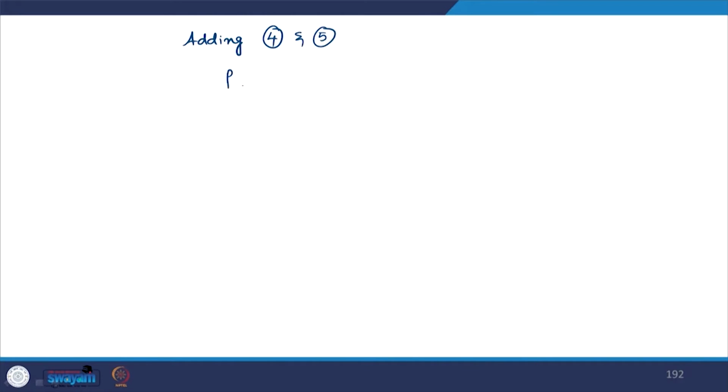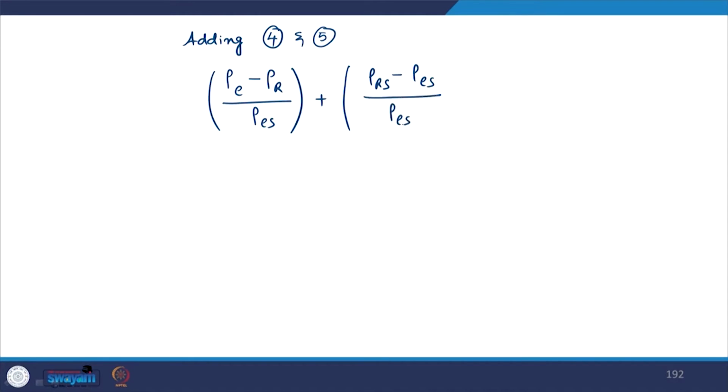We will get on the left hand side (rho_e - rho_r) divided by rho_es plus (rho_rs - rho_es) divided by rho_es, which is equivalent to (rho_e - rho_r) plus (rho_rs - rho_es) divided by rho_es.